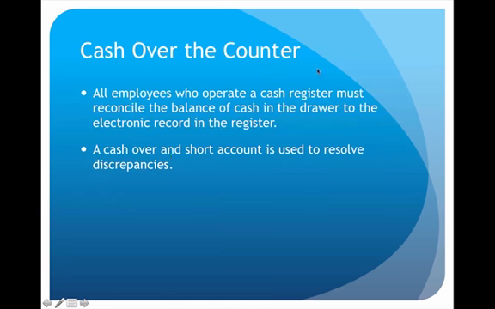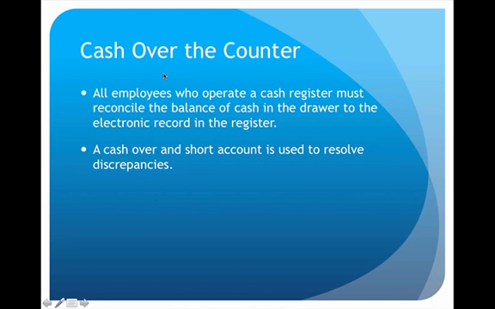Now, to apply specific cash controls, one of the problems would be cash that we receive over the counter. We always will have employees that are handling cash and collecting cash from customers. So any of these over-the-counter collections have to be monitored very closely. And one way to do that is to utilize the electronic record that's inside every cash register.